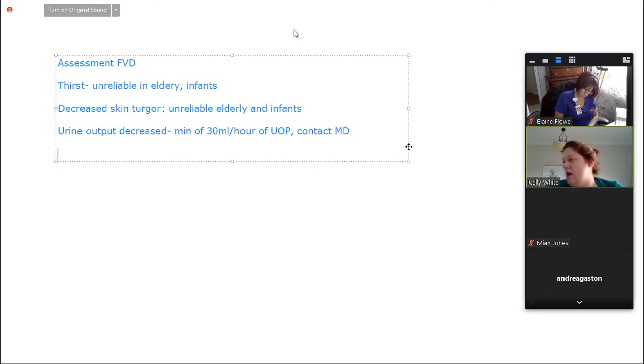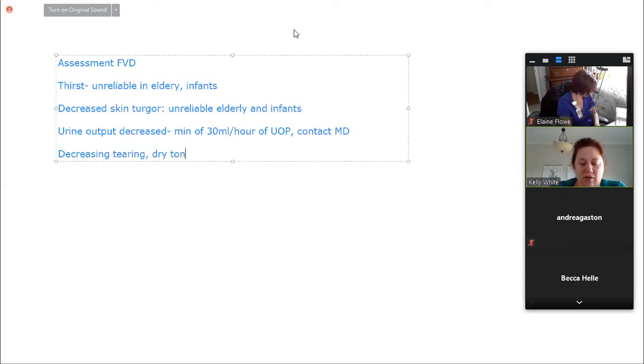Then we may have decreased tearing. So your little babies, if they're crying and not making tears, that's going to be a sign that they are dehydrated. Also having a dry tongue or mucous membranes.